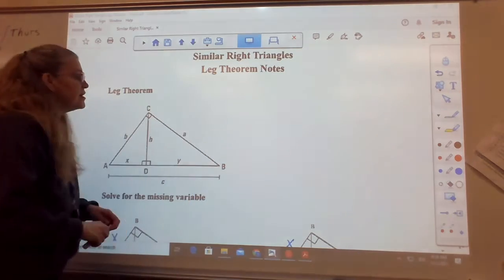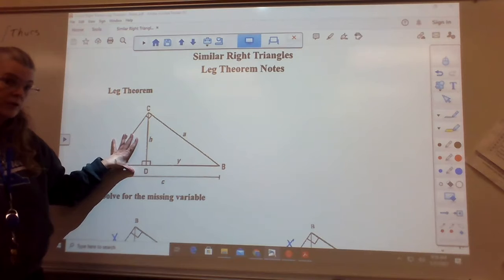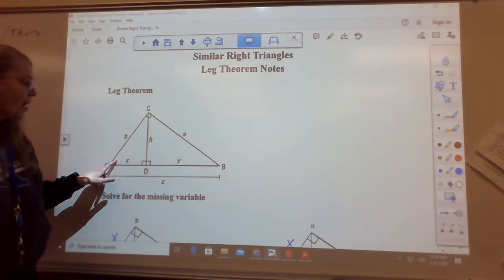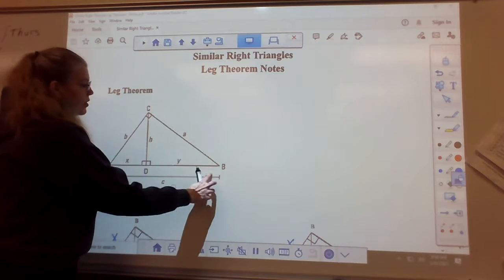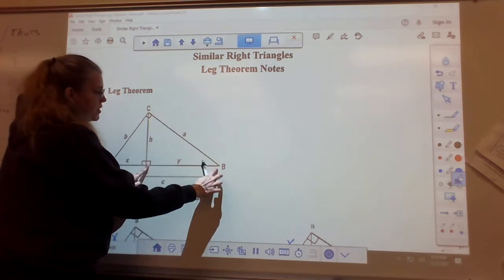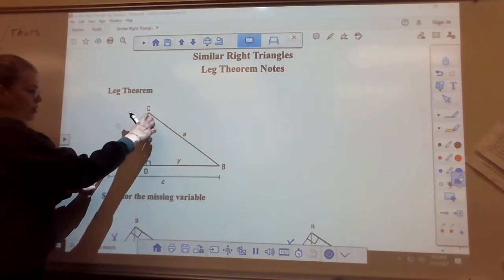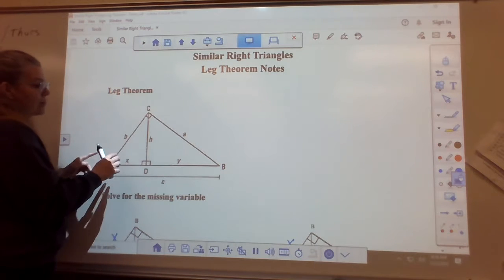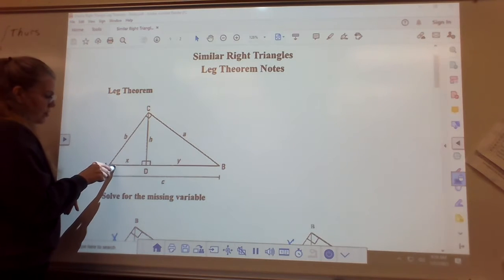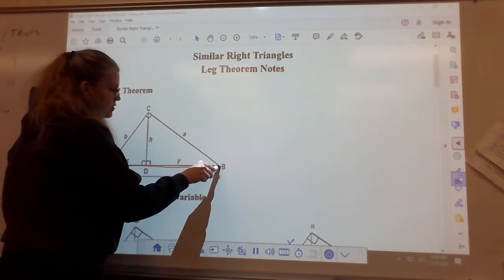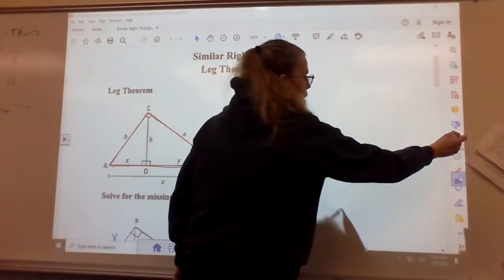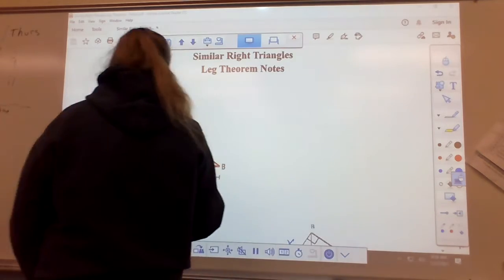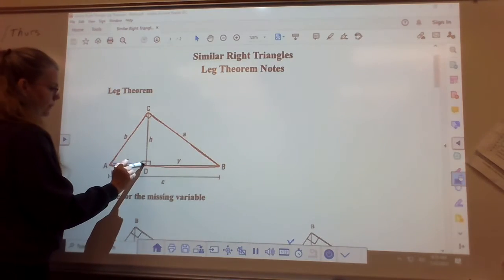So this goes a lot with what I did last week or earlier in the week. I've got these right triangles. I've got a big right triangle here, a medium right triangle, and a smaller right triangle. Now, this time I'm looking at comparing the big guy, this one here, to a smaller one, which is this one.